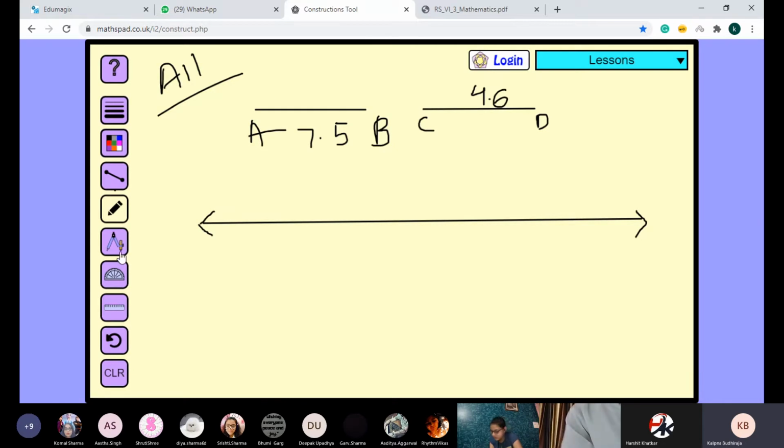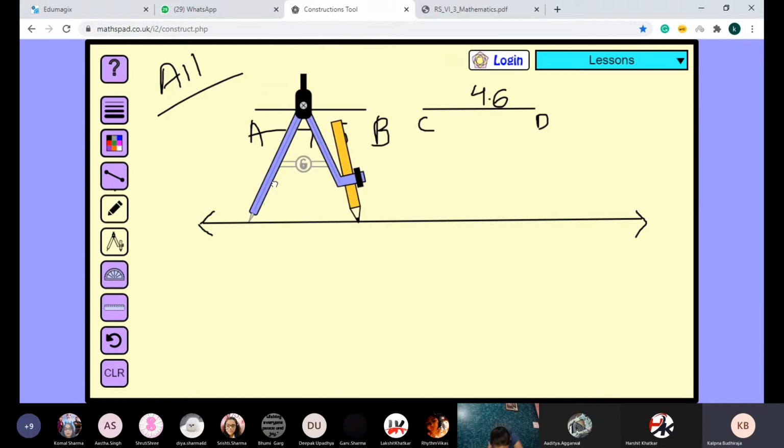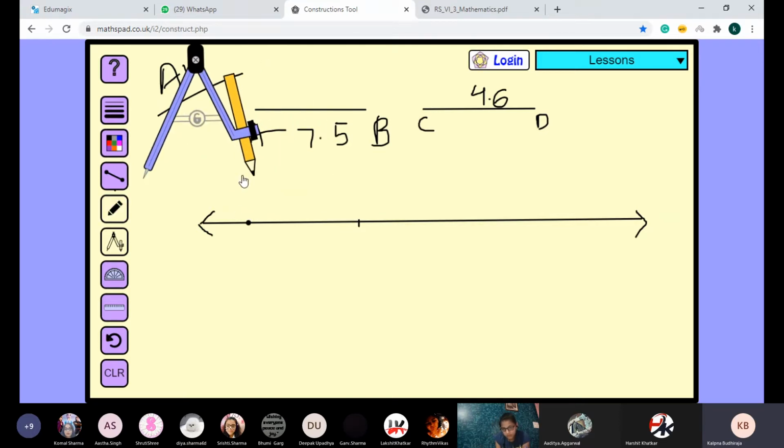So first you will keep the compass, take the compass and measure AB. Listen to this point. First step, measure AB. Then bring the compass here. Make a cut. So you are going to cut the line and this way you will get point P.